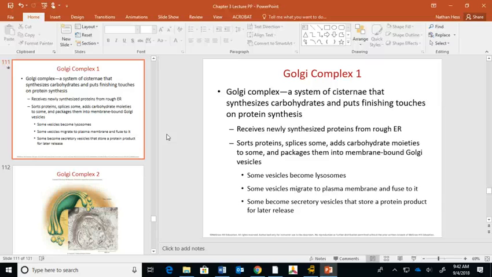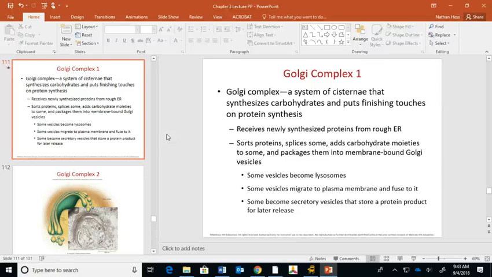It's like the UPS store in the cell, right? It's going to package these different products into vesicles, right? Vesicles are those little bubbles, little vehicles to move things in and out of the cells. So we call the packages that come from the Golgi apparatus the Golgi vesicles. Makes sense, right?